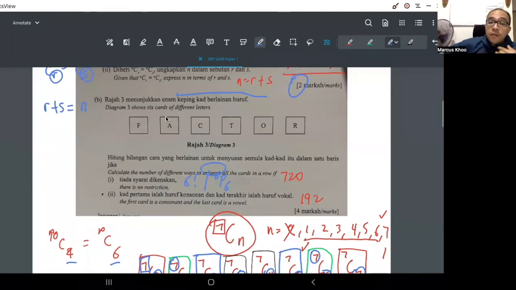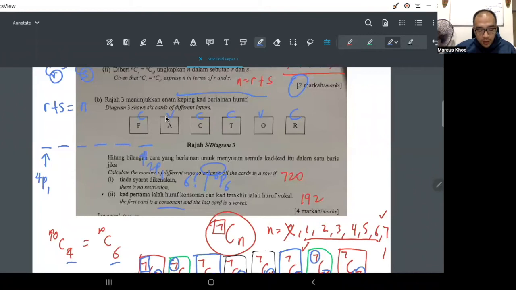Now the first card is a consonant and the last card is a vowel. You want to arrange everything, but with a condition. So 1, 2, 3, 4, 5, 6. The first one is a consonant. Consonants are F, C, T, R. So you have 4, you want to pick 1. The last one is a vowel. There are only 2 vowels, A and O. So this is 2, pick 1.